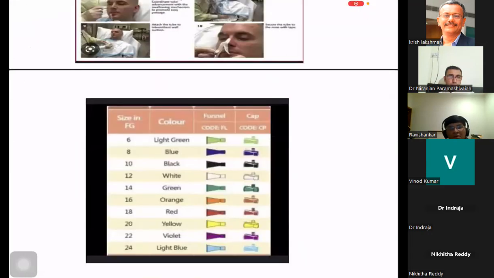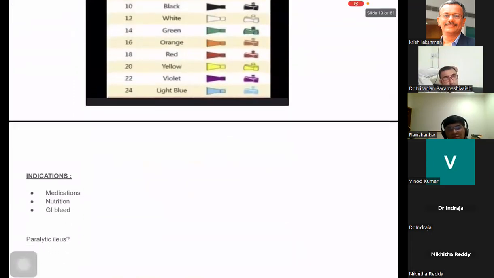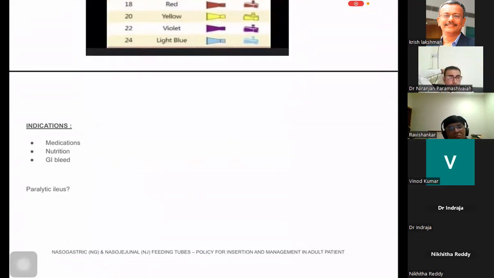There are various sizes of tubes, which are coded with particular colors, and the most commonly used tubes are green and orange, which are sizes 14 and 16 respectively. The indications for these tubes are basically to provide medication in unconscious patients, or in a patient who cannot take orally, like stroke patients, and to provide nutrition in patients like stroke patients or unconscious patients, and GI bleeds.